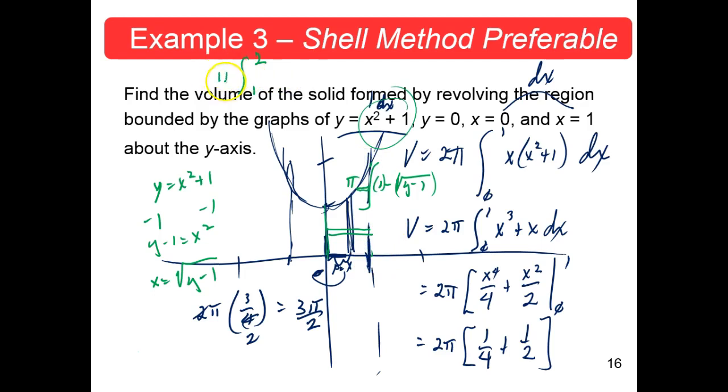From 1 to 2, your pi out front, it's 1 squared, which is 1, minus y minus 1. So this will be pi times the integral from 1 to 2 of, a minus of a minus is a plus, so that will be 2 minus y dy. And that's not bad to integrate either.